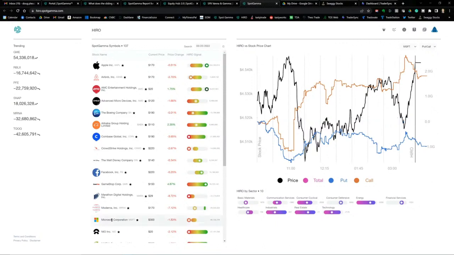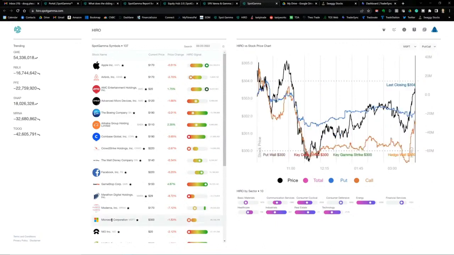This is Microsoft. I traded this today. The key gamma strike was at 300, an area or level of gamma concentration that can act as a magnet for price.